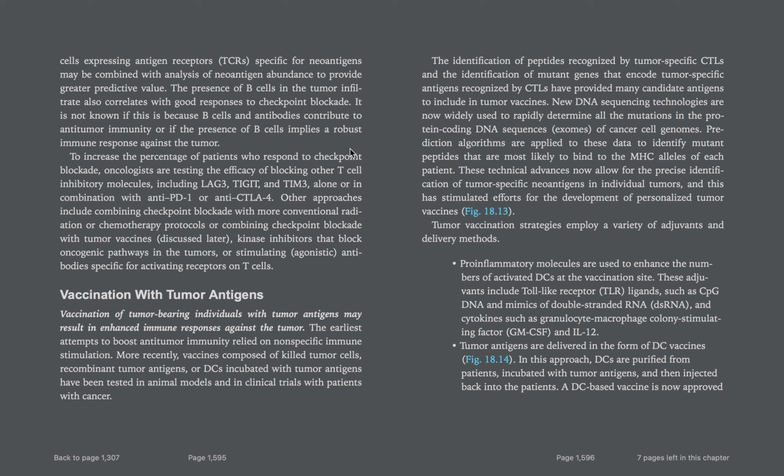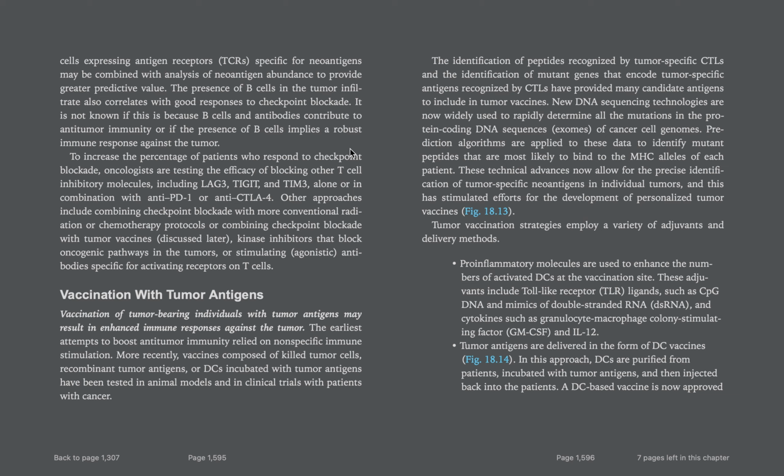To increase the percentage of patients who respond to checkpoint blockade, oncologists are testing the efficacy of blocking other T cell inhibitory molecules including LAG3, TIGIT, and TIM3, alone or in combination with anti-PD-1 or anti-CTLA-4.